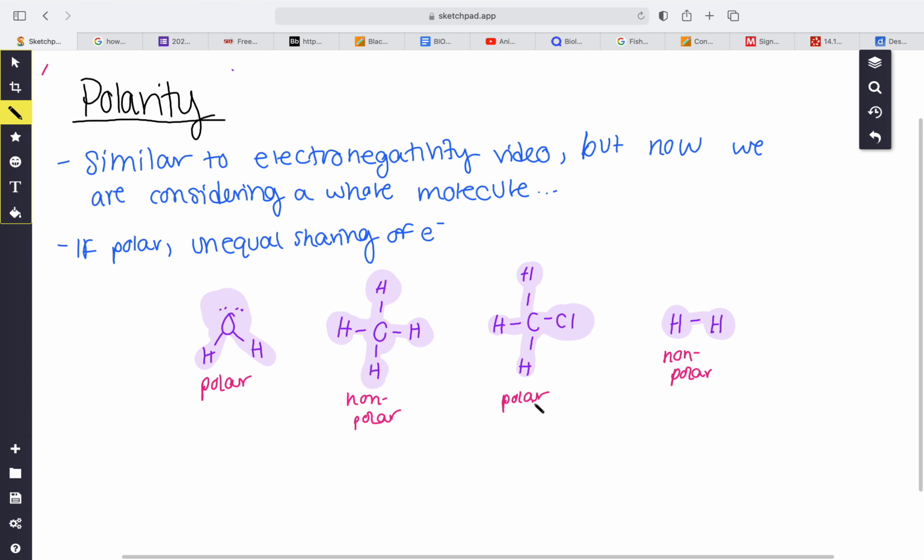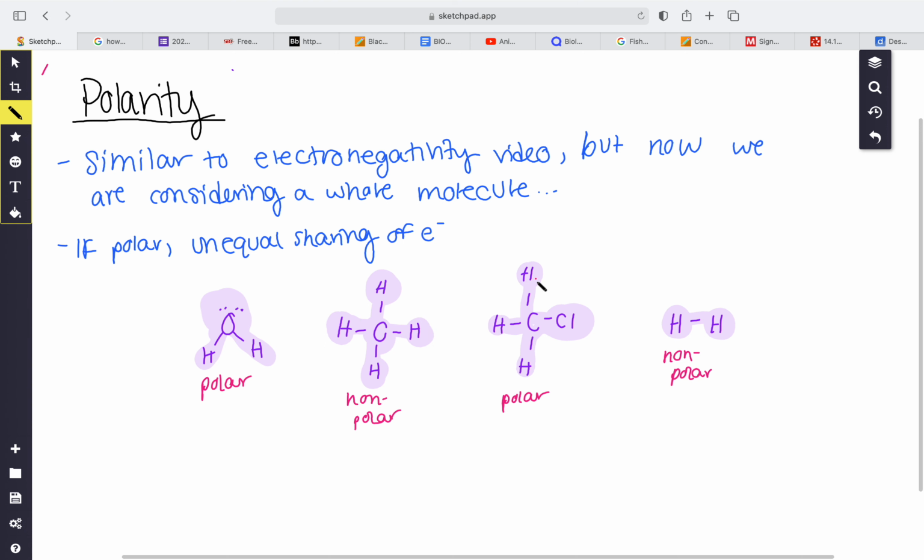So let's look at another polar one, very similar, but this time we're going to add on a chlorine. Chlorine is a lot more electronegative than hydrogen, and you don't have to know that. You just have to know that chlorine is different from hydrogen. Because it's different, it's stronger. Hydrogen is not very electronegative when compared to other electronegative things, but that doesn't matter, right?